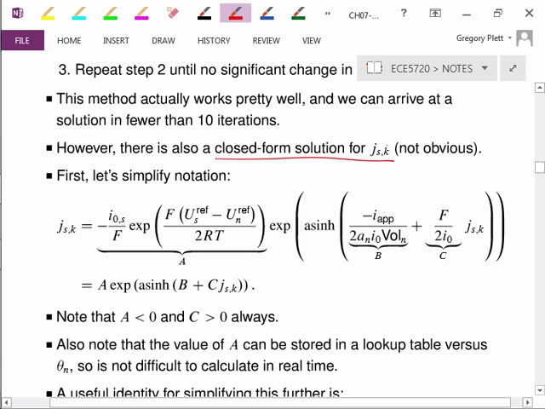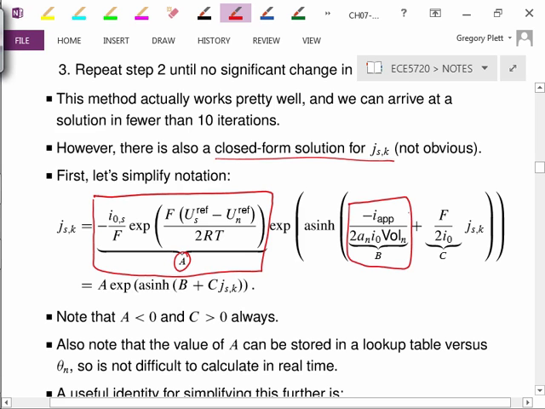To see this, let's take the equation that we're starting with and simplify notation by defining some constants. So Js of k is equal to this whole thing, which is just a constant. It's ugly looking. We'll call it A, times exp of inverse hyperbolic sine of this whole thing, which is an ugly looking constant.